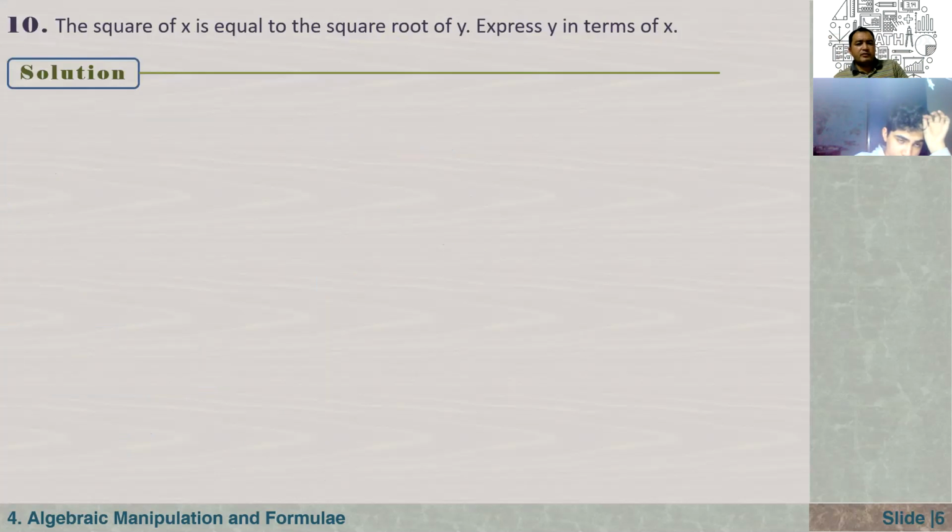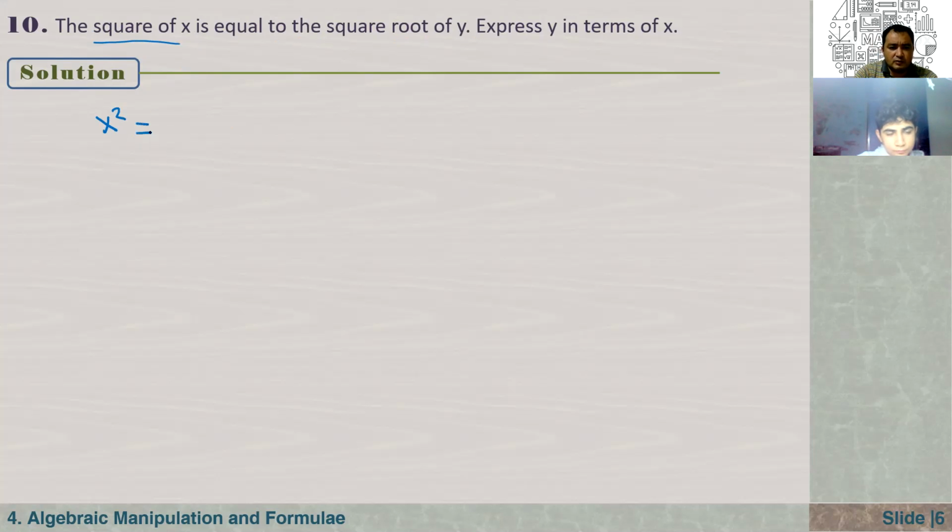Okay, Musa, can you read this problem? The square of x is equal to the square root of y. Express y in terms of x. Very easy question, Musa. It says that the square of x, that is x squared, is equal to the square root of y.